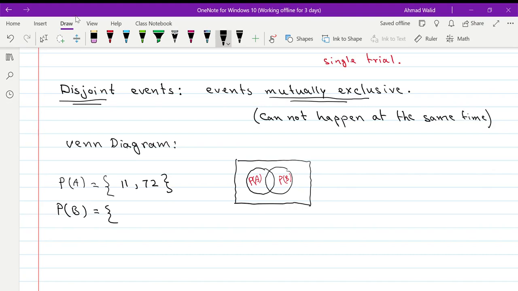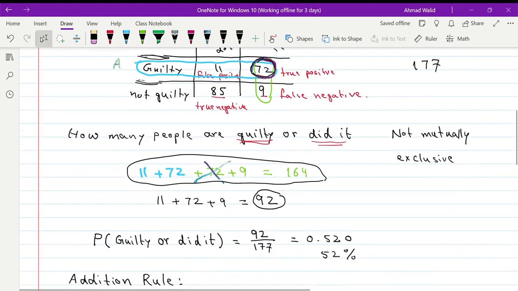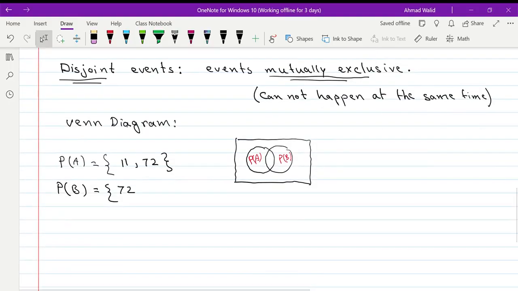Your P of B is 72, and I think the other one was 9. Let me check. 72 and 9. This is the idea of a set here. You see 72 is in both of your sets. It means your 72 is here in this intersection.